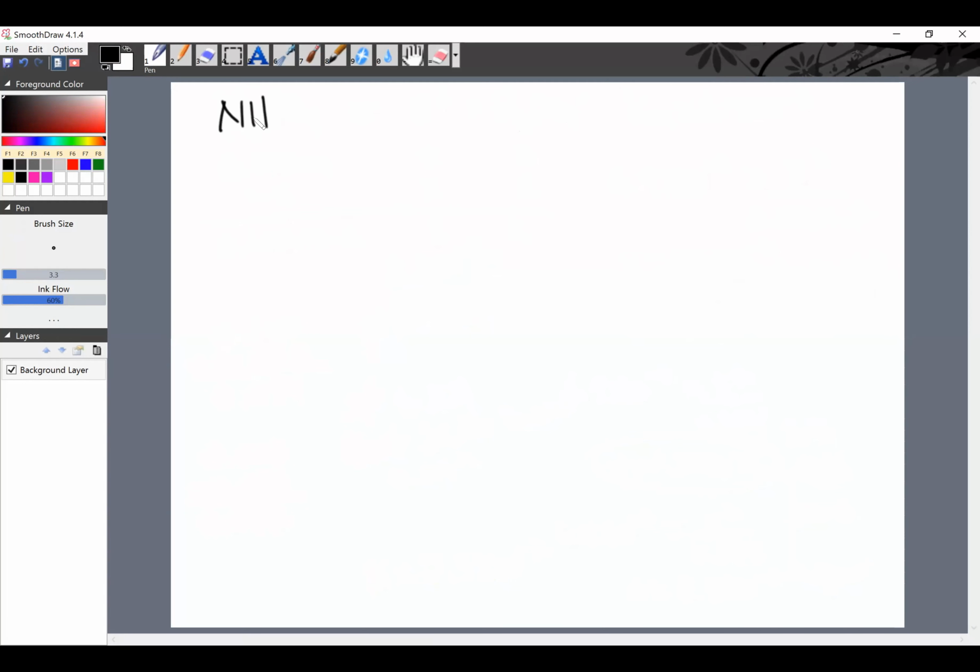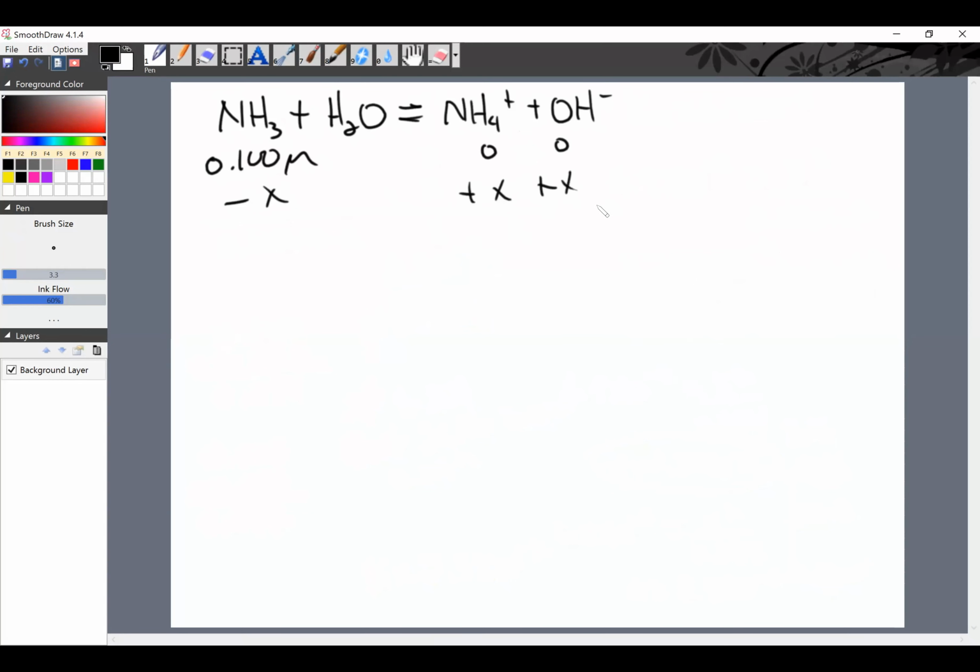So NH3 plus water makes ammonium hydroxide, and we have 0.100, 0 and 0, minus x, plus x, plus x. Okay, now if you're tired of writing the ice tables, this is probably a place where you can quit writing them because you can see what goes into the equilibrium expression.